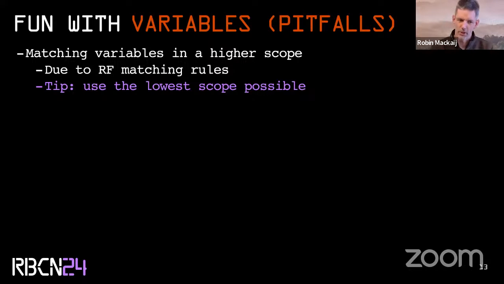That does mean that you might have to pass your local variable to another keyword call to keep them local, but at least you'll be sure that you're not leaking it into a higher scope, even to the point where you could accidentally be leaking it into a suite scope, and then a next test is running and you expect a variable to be at some default, but it was actually overridden by a previous test.